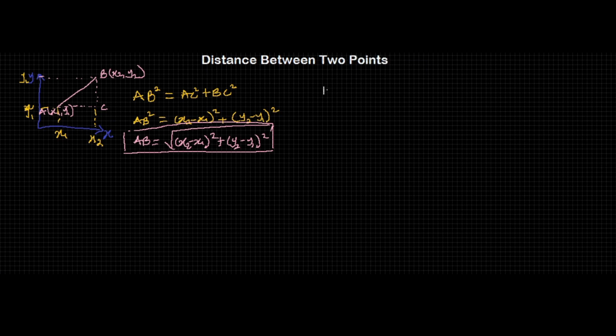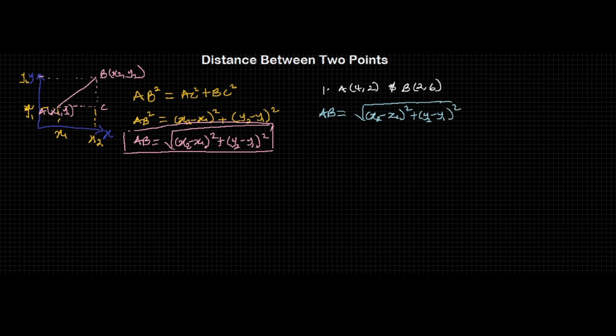The first question here, we are to find the distance between A, which is (4, 2), and B with coordinate (2, 6). So let's solve this before we go to the next question. We are going to apply this formula, which is AB equal to square root of x2 minus x1 squared plus y2 minus y1 all squared.